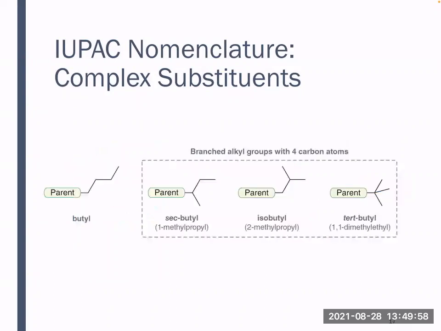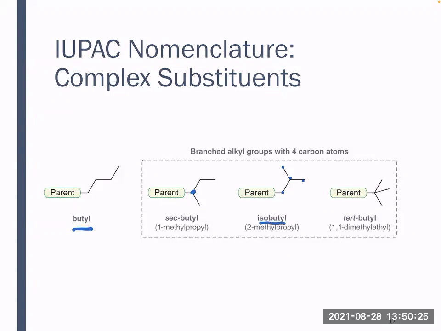If you have 4 carbons, if you just have a normal 4-carbon chain coming off of a parent chain, that would be a butyl group. If the 4-carbon chain is attached to the parent at the second carbon in the chain, we call that sec-butyl. This is an isobutyl group here. So 1, 2, 3, 4, isobutyl. It's 2-methylpropyl.